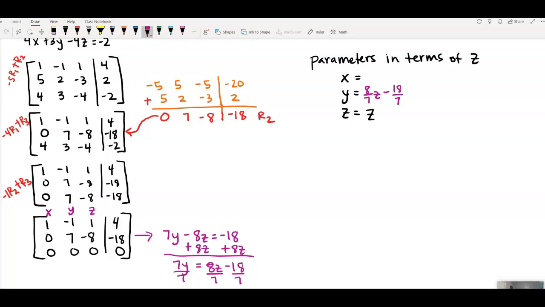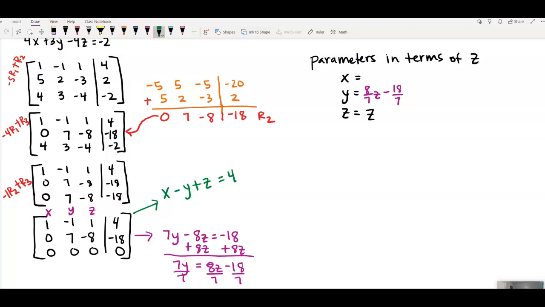And now I need to go and find my x. So usually this x one is kind of the trickiest one to do. So I'm going to write out this equation, right? Again, so this top one here, how I have in my last matrix, that's x minus y plus z equals 4. And remember, I need it in terms of z, right?